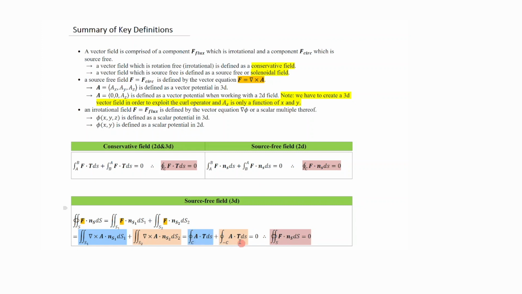It takes on this form here, and it turns out that one of the contours moves in one direction and the other contour is in the opposite direction. So when you take the summation of these two contributions, the value is equal to 0, which tells you that the closed surface integration, in the case of a source-free field, is equal to 0. And so this is the 3D case, this is the 2D case, and for conservative fields, this applies for either 2D or 3D.